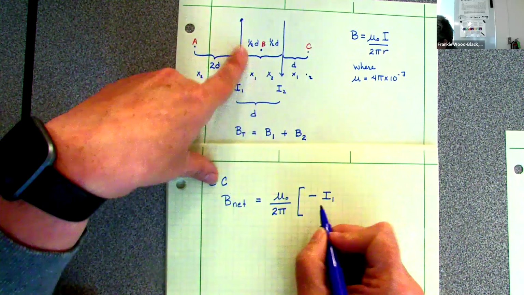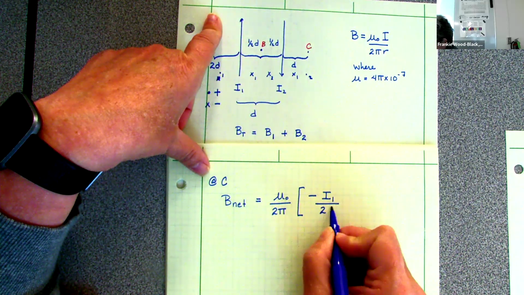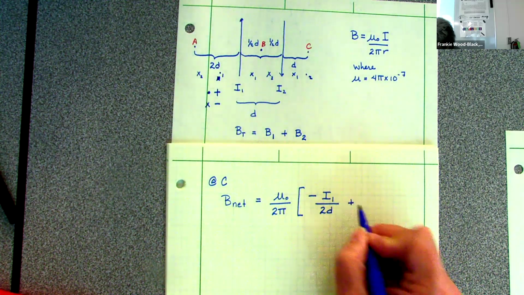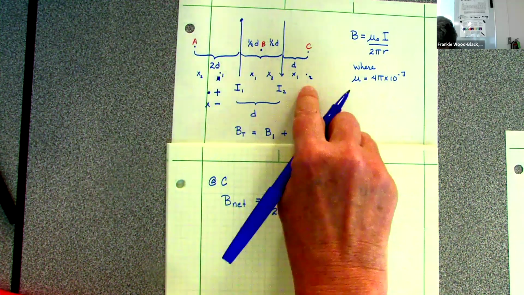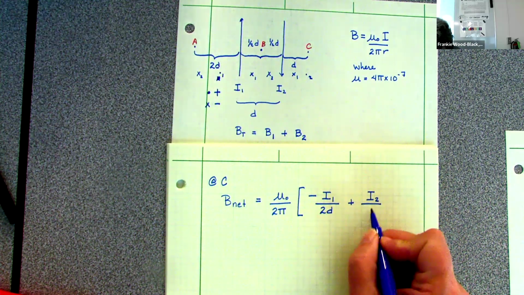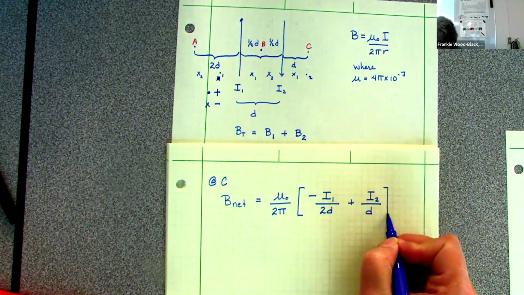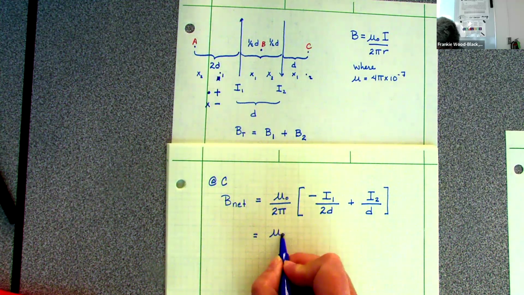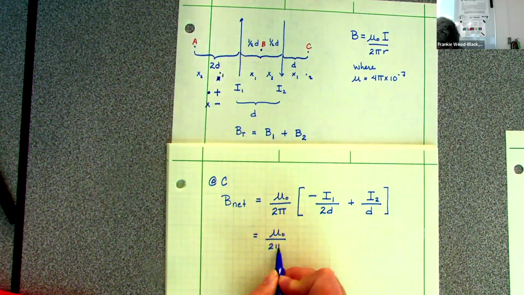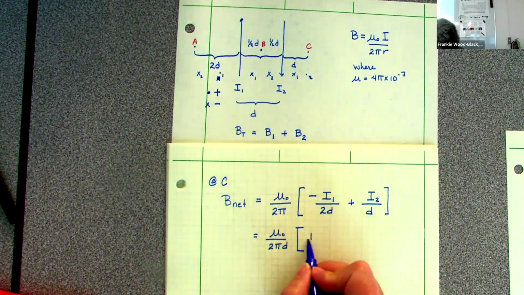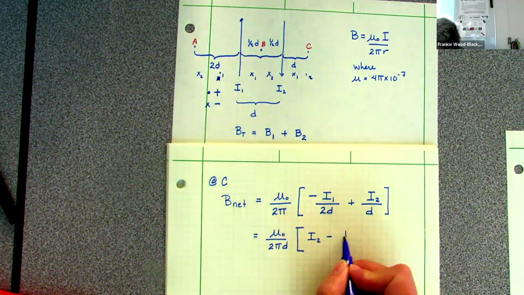Now C is 2d away, so I'm going to have 2d. And now I2 is positive because we looked at it that way. So I get my I2 is positive and it's only d away. So now if I simplify this, I get mu over 2 pi d times I2 minus I1 over 2.